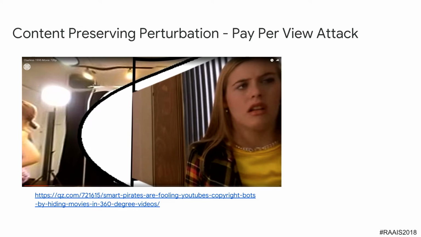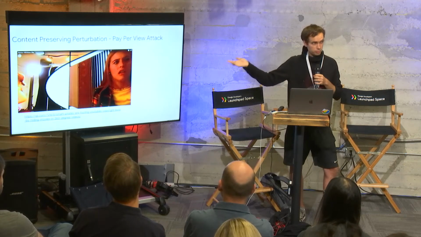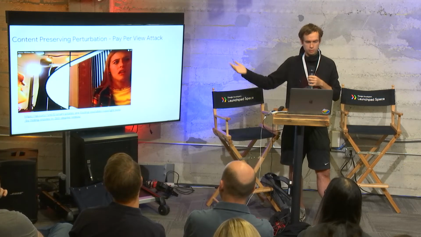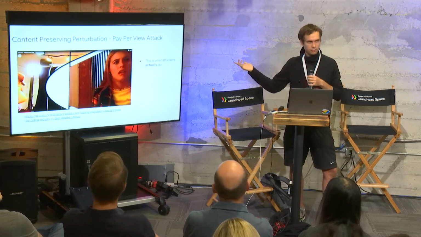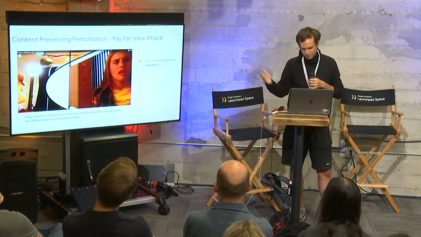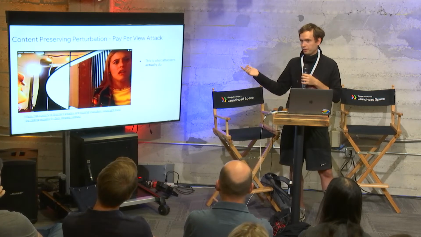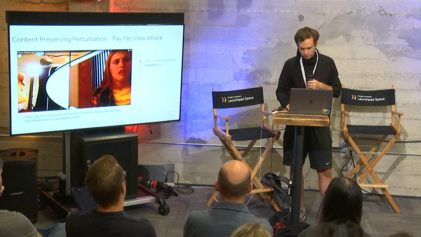The attacker applied, I guess, this funky sort of 360 translation to the movie, so that the model doesn't recognize that it's a movie anymore, but a human viewer could still watch and enjoy this. Believe it or not, this is what attackers actually do, and people actually watch this. These movies are all over YouTube. Another common attack in this variant is where the attacker refilms the television screen. That seems to be a pretty effective one.